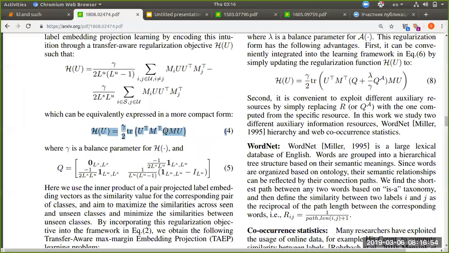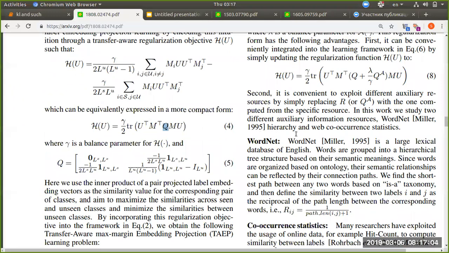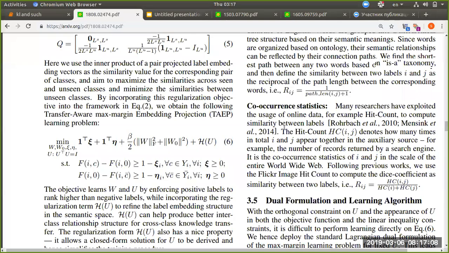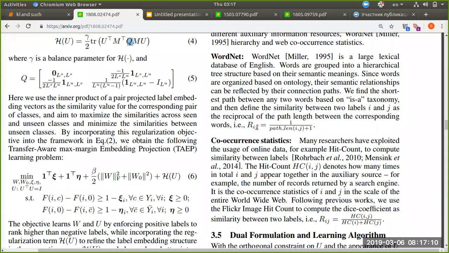The Q will be the factor that's responsible for normalization. When it's reformulated like that, they can later on add this extra information, which they would calculate from the auxiliary sources. Like for WordNet, it will be the distance between the word and the other labels, I guess.